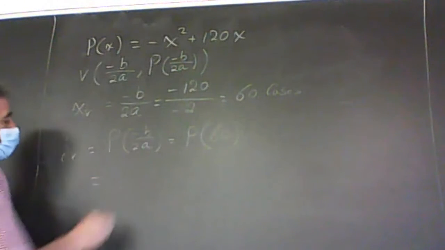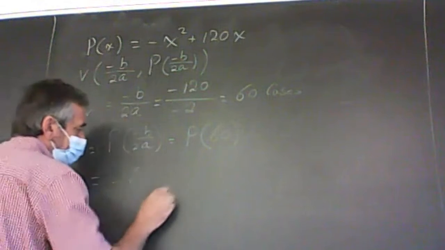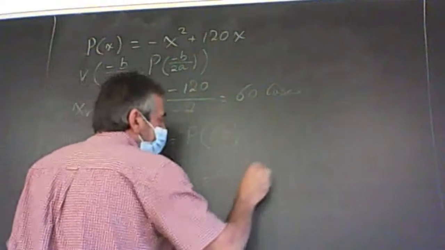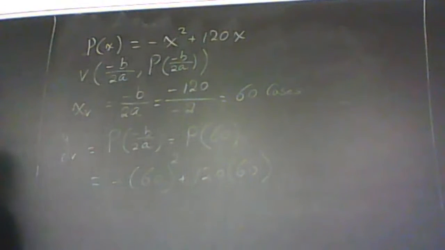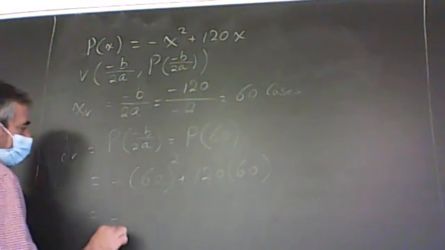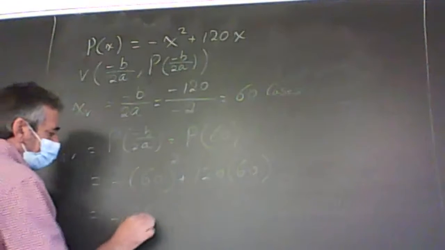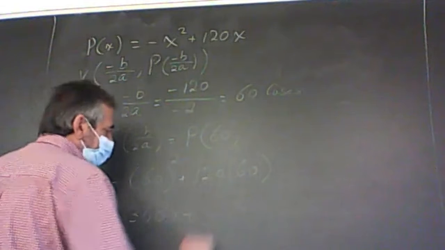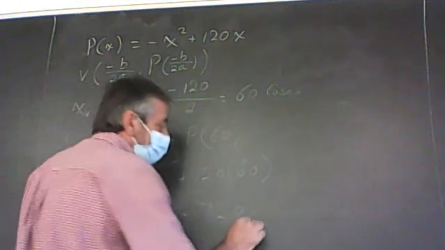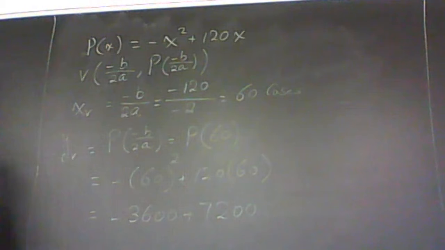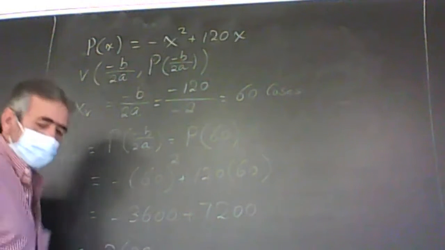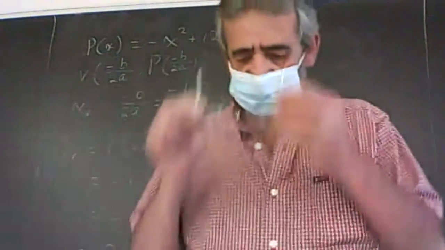So that is equal to minus 60 squared plus 120 times 60. Substituting 60 for x, minus 60 squared is 3600, plus 60 times 120 is 7200. So that is going to give me 3600.